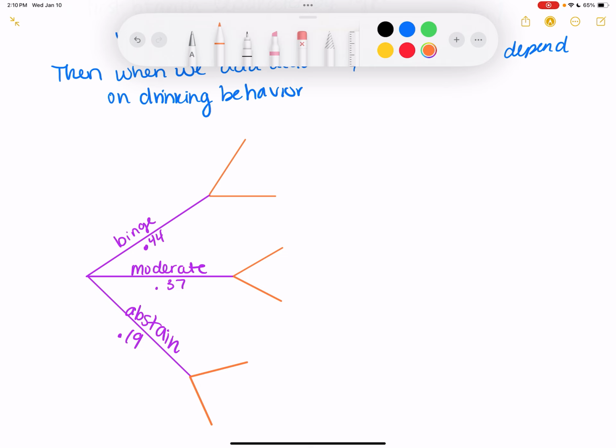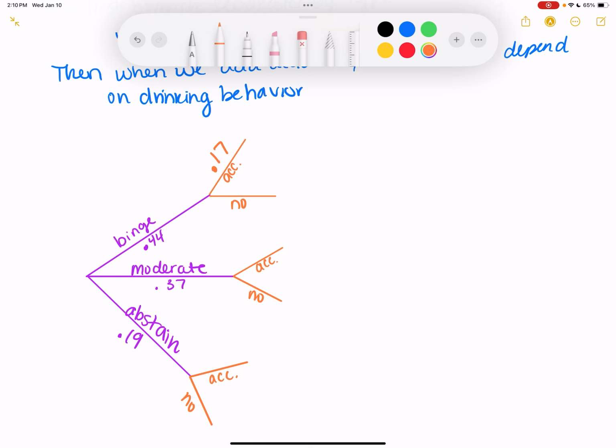Yeah, it's interesting. All right, so then these branches are going to be if they got into an accident or not. So I'm just going to do ACC for accident or no for no accident. Now we said 17% were in an alcohol-related accident if they were a binge drinker, so it's going to be 0.17.